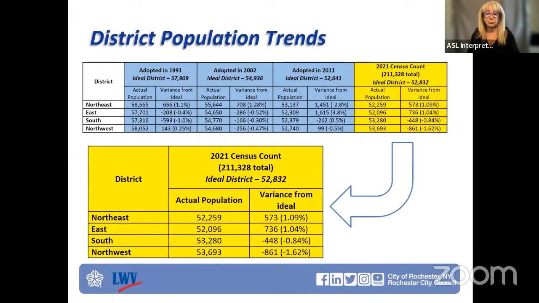As you can see in the table, population shifts within the 4 city council districts have been minimal, and they've created a variance of around 1% or less during the most recent census.